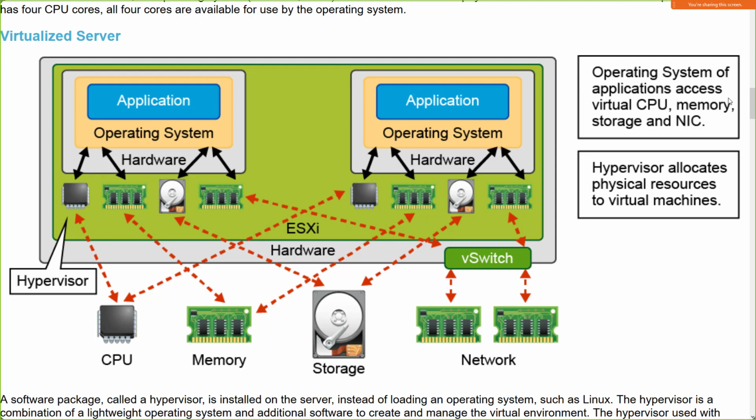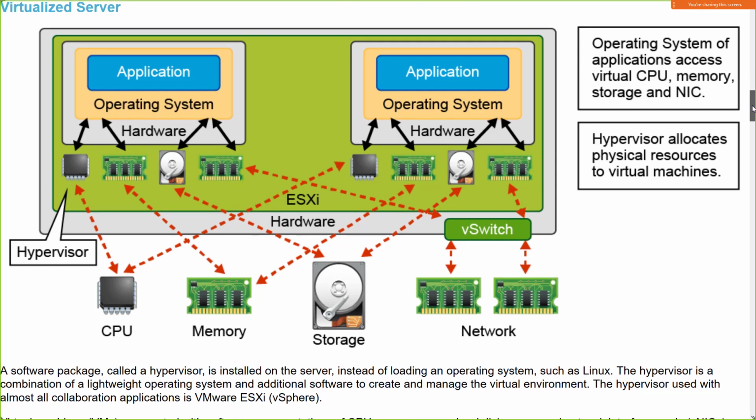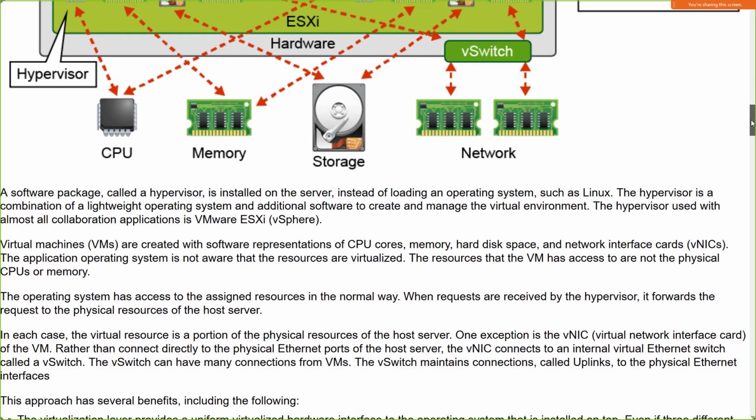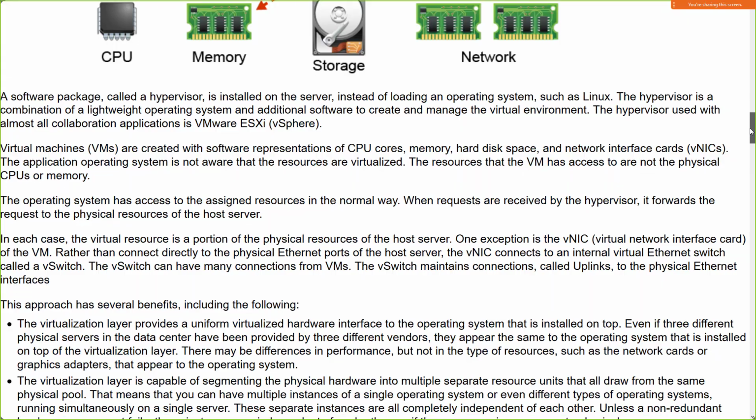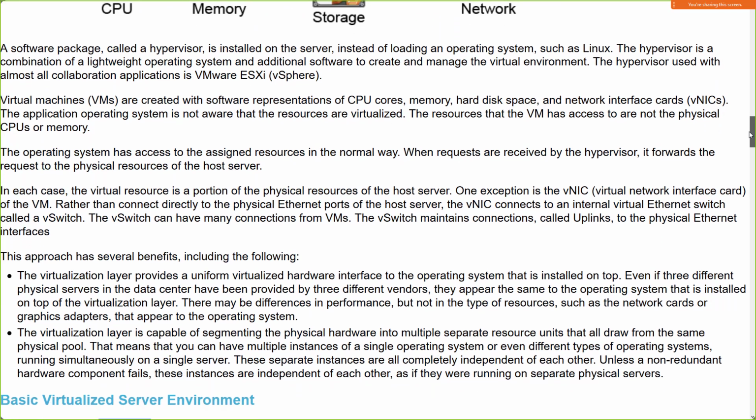We have our own operating system installed on that guest OS, or that VMware partition, if you will, and then we had the various applications. So the hypervisor, which is essentially that guest operating system, is what gets installed, and it has some sort of lightweight operating system, some other application software.